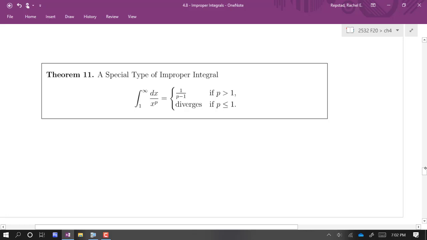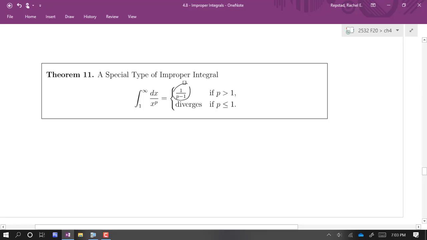But what you'll notice is that if p is strictly larger than 1, the integral from 1 to infinity of 1 over x to the p converges, and it converges to that value, 1 over p minus 1. If p is less than or equal to 1, it will diverge. And it will diverge in a way that it blows up.